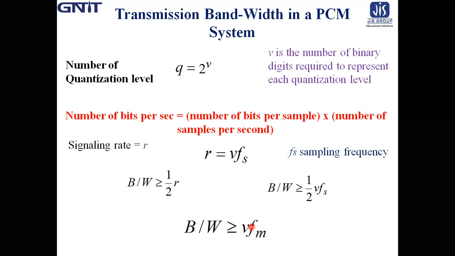But the problem is the number of levels V is large, so naturally the bandwidth will be higher. So this is the problem of a PCM system. If you want to reduce the quantization noise or quantization error, then naturally the bandwidth is increased.